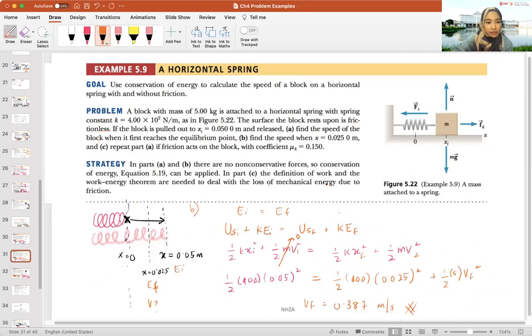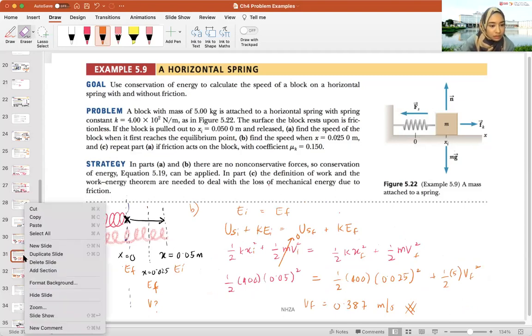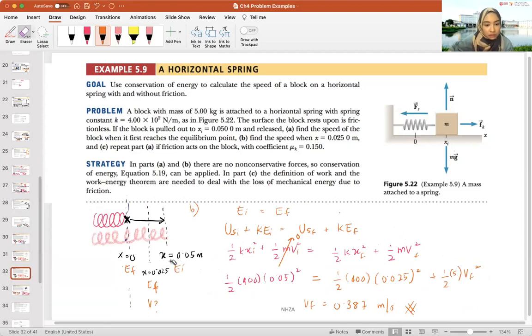So situation spring kita tadi, kita nak tahu kat sini E final kita. This is our E initial. Let me duplicate this again. So this is our E final. Okay, this is our E initial, and it's asking us if we have friction on the surface, what is the V final here?